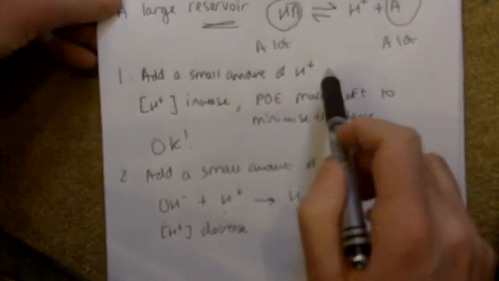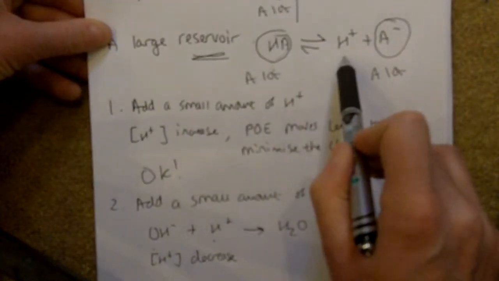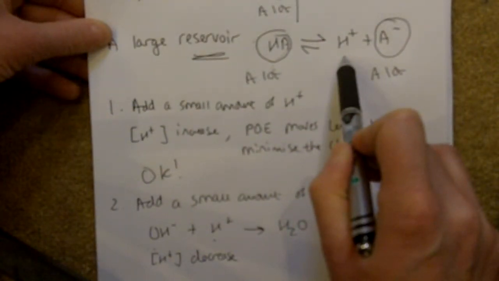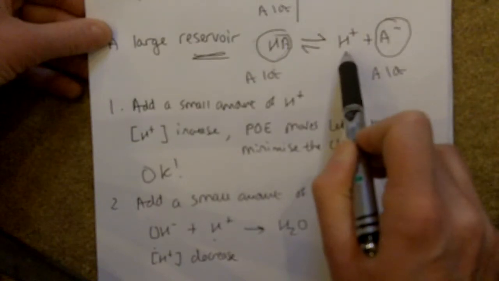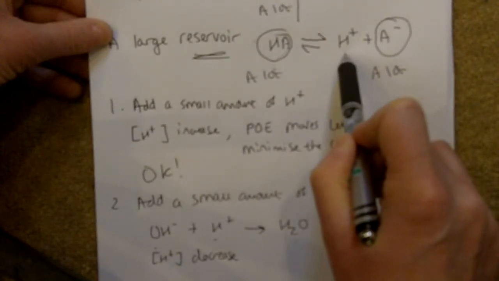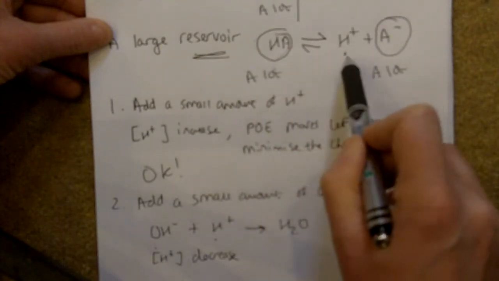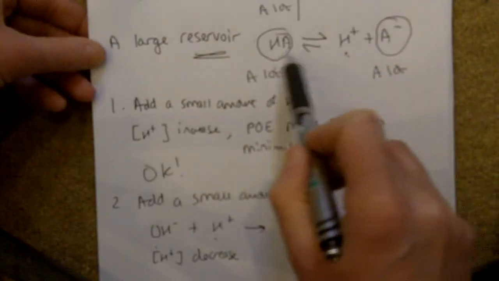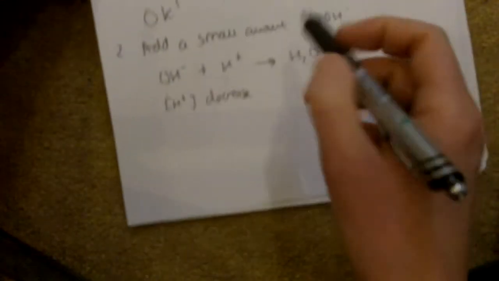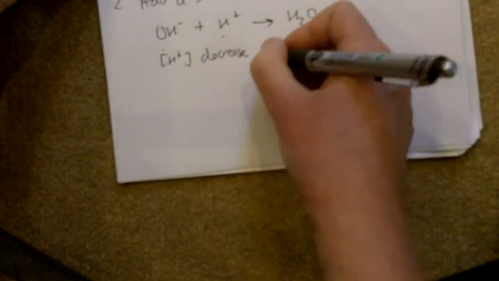So if the acid concentration decreases, by Le Chatelier's principle, the position of equilibrium will move to the right in order to restore the equilibrium.